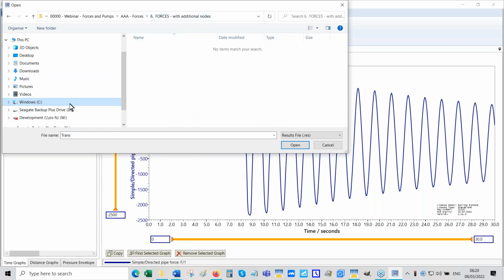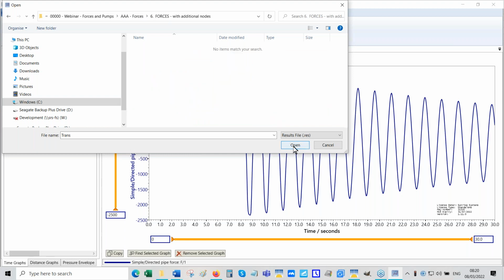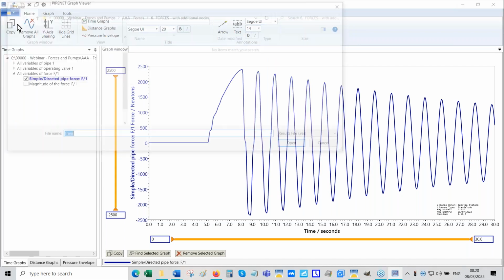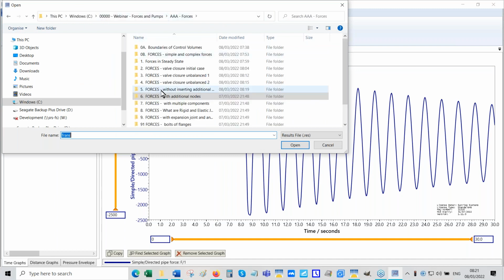Just give me one second. There are so many files I'm creating that it's sometimes difficult to keep track.